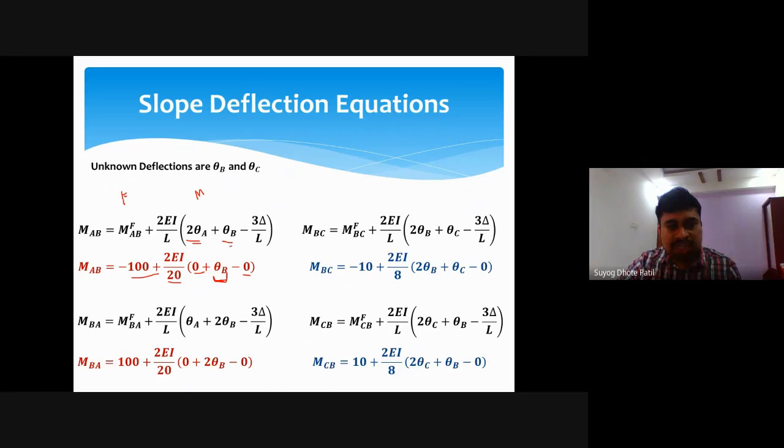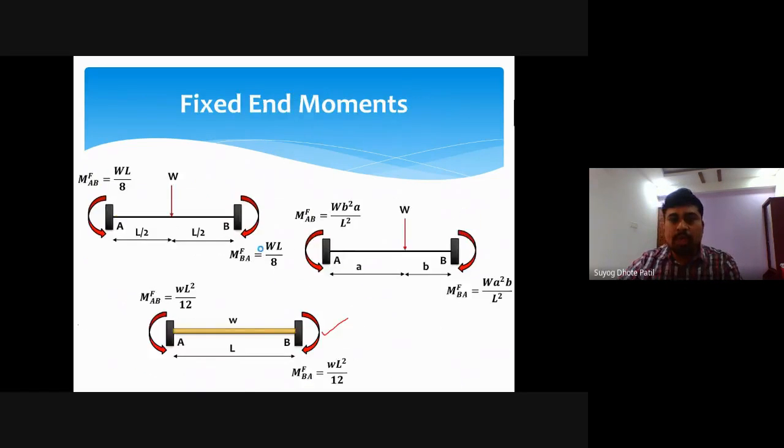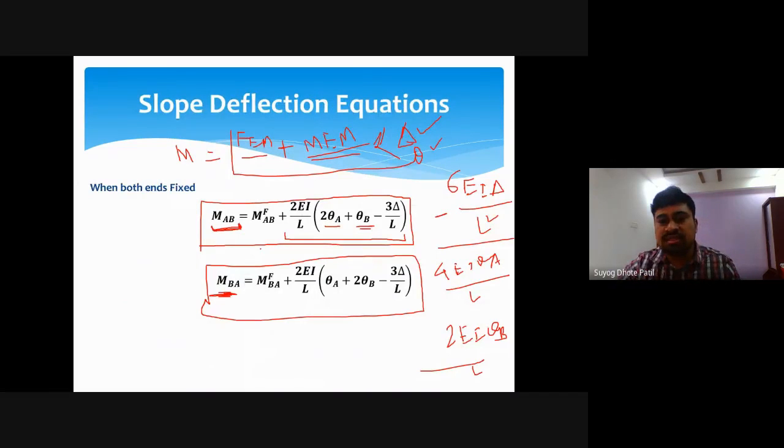Theta A, theta B, and delta: in general, this is a general equation.